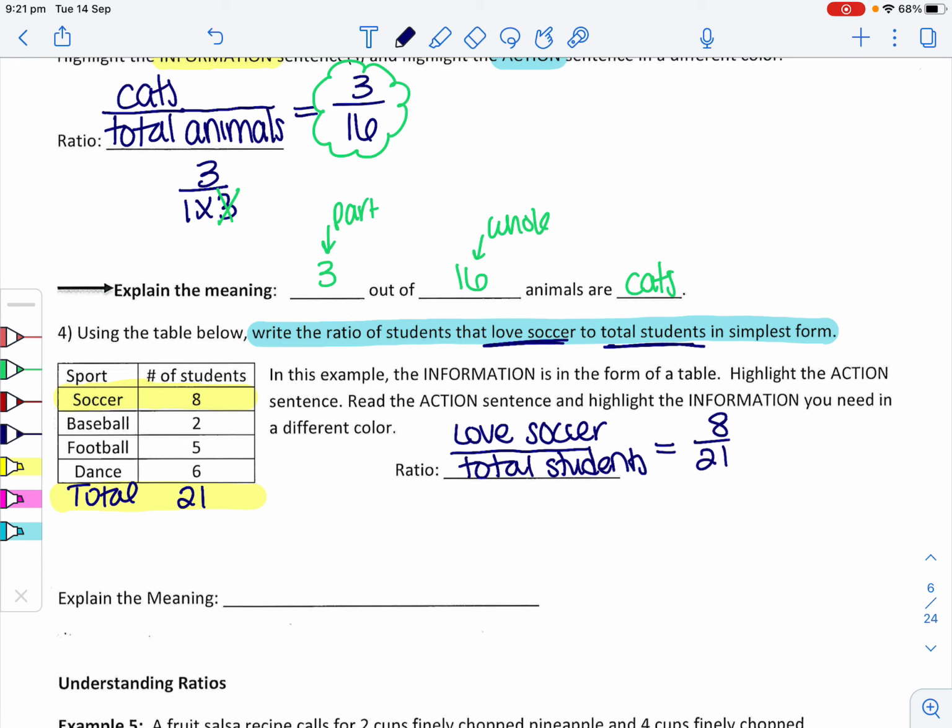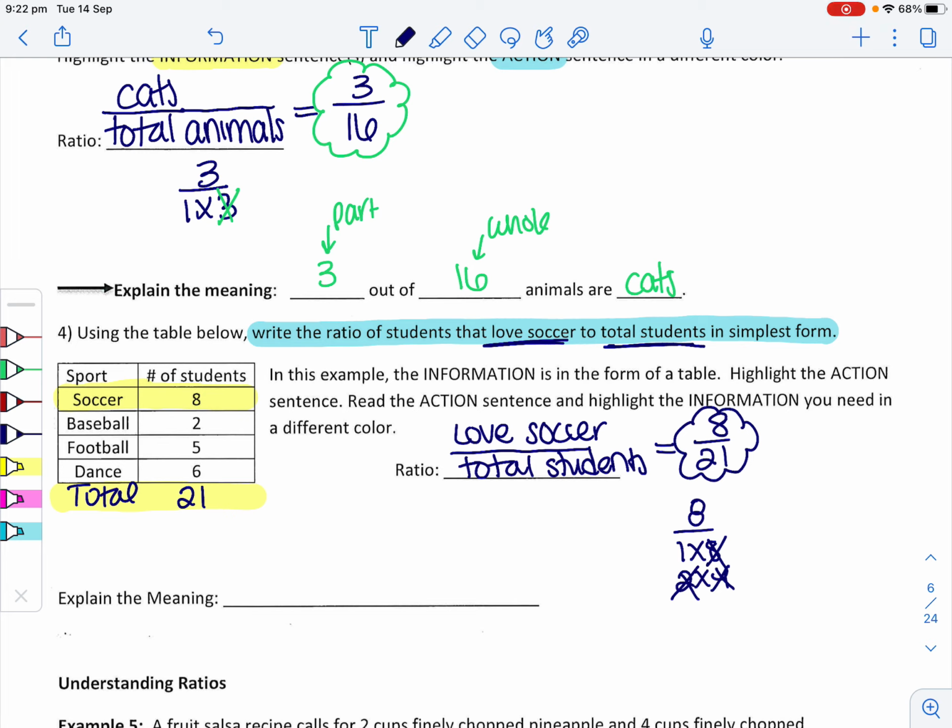And now I'm going to find the greatest common factor. So 8 is 1 times 8 and 2 times 4. 8 does not go into 21, 4 does not go into 21, and neither does 2. So 8 over 21 is in simplest form.